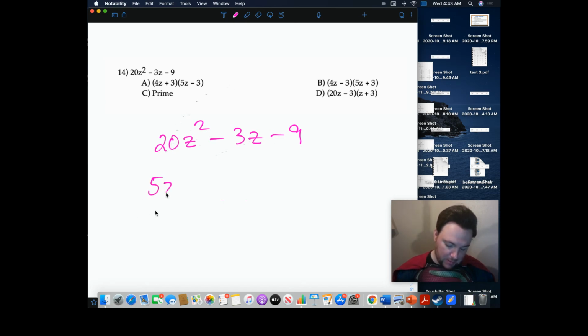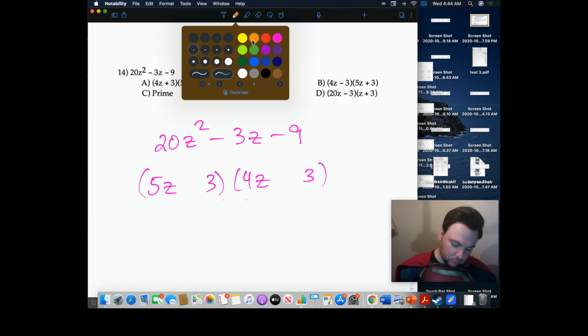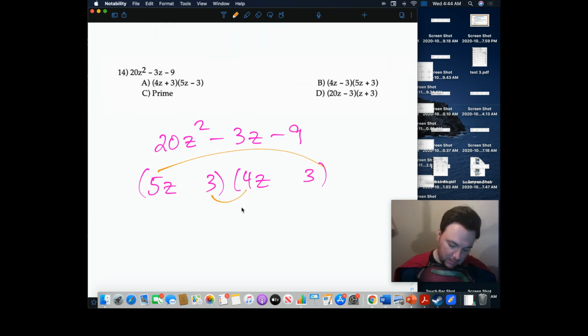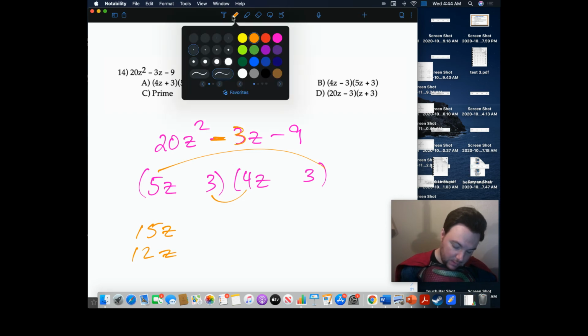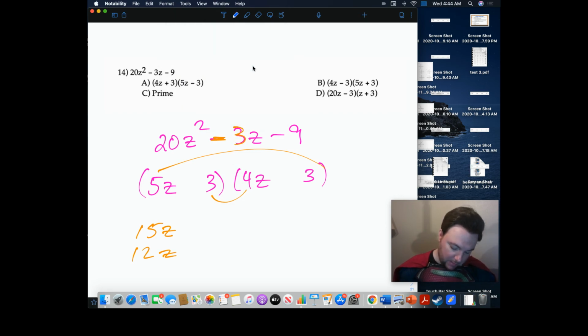Again, I always pick the ones that are closest, so 5z and 4z. For the back, I'm going to go with 3 and 3. We get 15 and 12, and the goal is to get to -3z. Notice that if I make the 15 negative and the 12 positive, I do get to -3z.